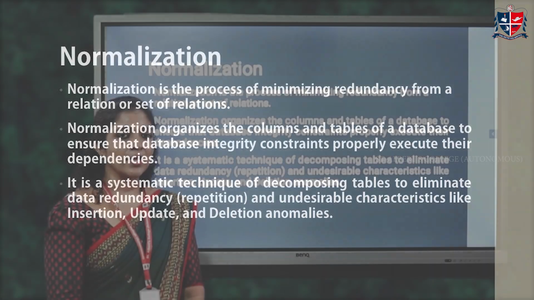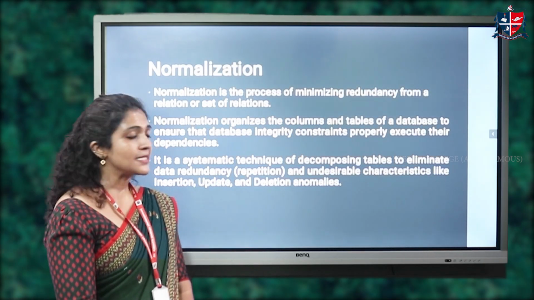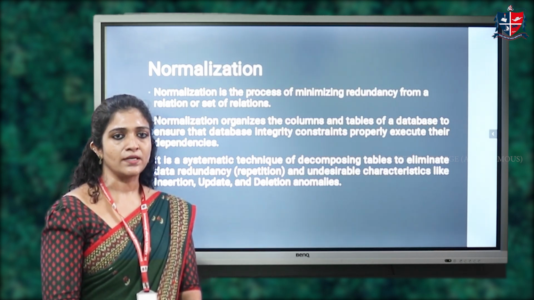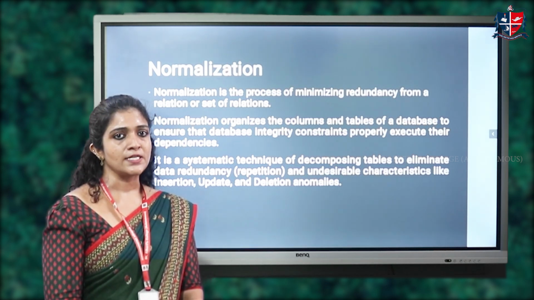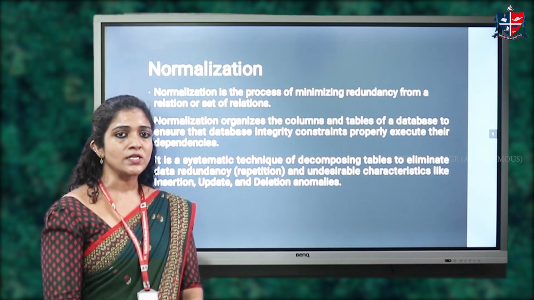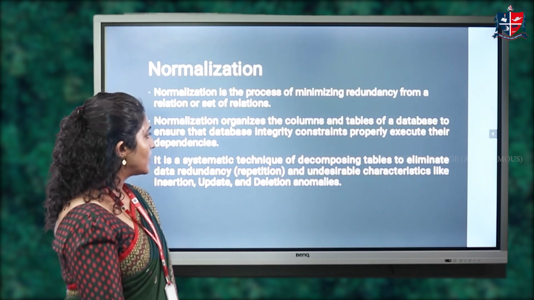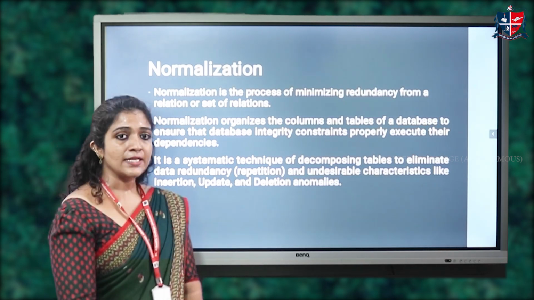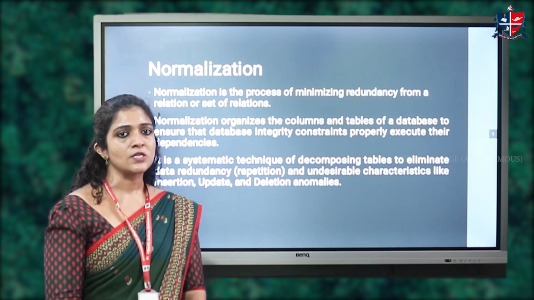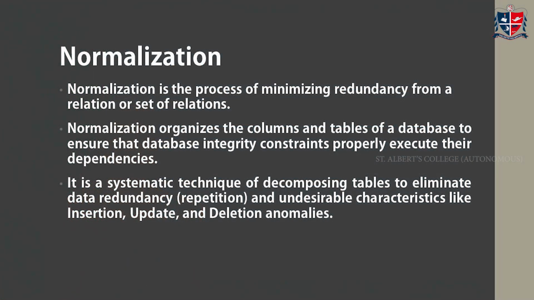So, by having data normalized in a database, it will ensure that the database integrity is maintained. We have several integrity constraints in a database, like referential integrity constraint, domain integrity constraint, etc. These integrity constraints that are enforced in the database are obeyed by the database, and it will execute the dependencies. Proper execution of the dependencies of data is also maintained by having this database normalization.